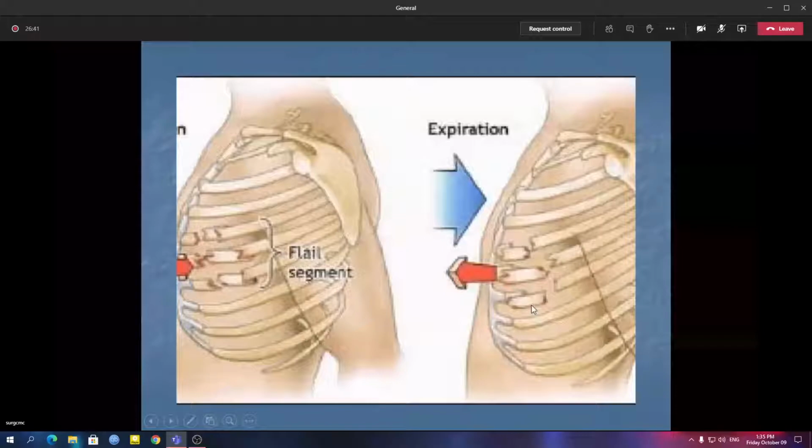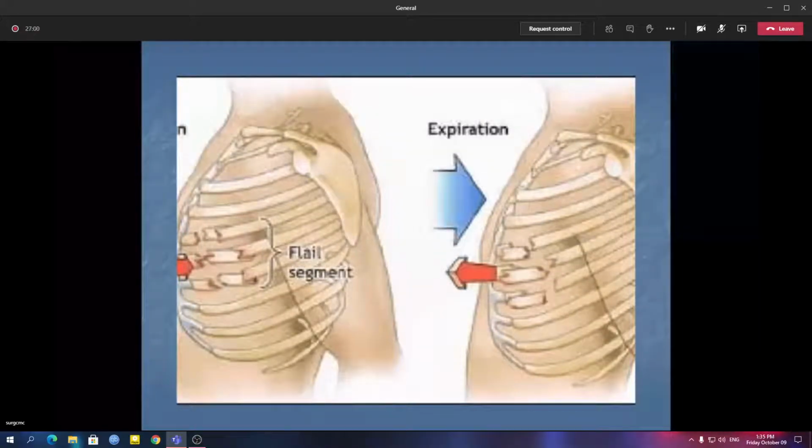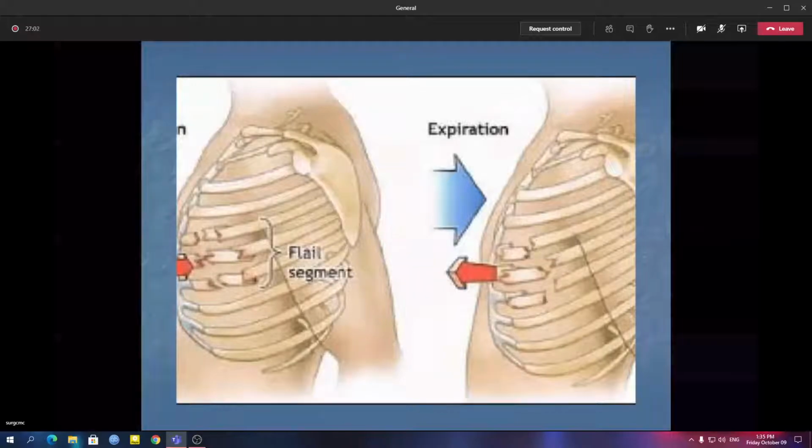That is paradoxical respiration. So if you get paradoxical respiration in any part of the chest wall of any patient, please suspect there are multiple fractures on a single rib or multiple ribs. At least 2 fractures are there, which has made the broken segment independent of the movement of the lung. Okay.